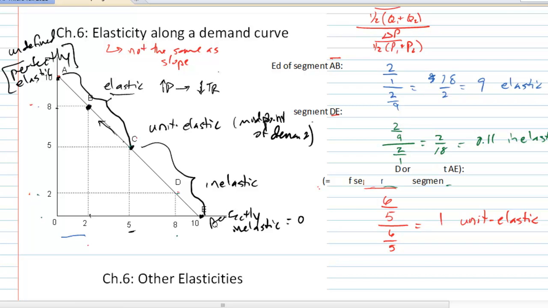In the elastic portions of the demand curve, it means that consumers start buying quite a bit less when the price is raised, so the total revenue falls. Whereas if you're in the inelastic portion, say you're at point D, if the producer raises the price, then it will increase his or her total revenue.